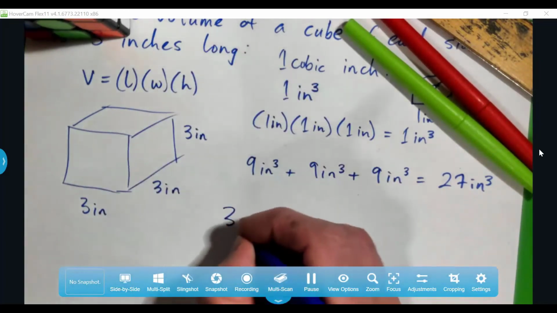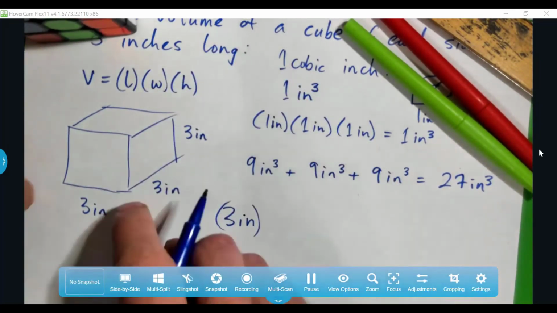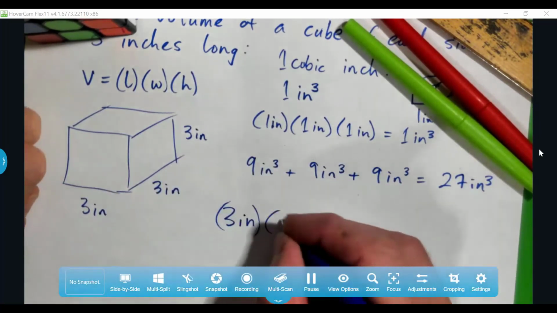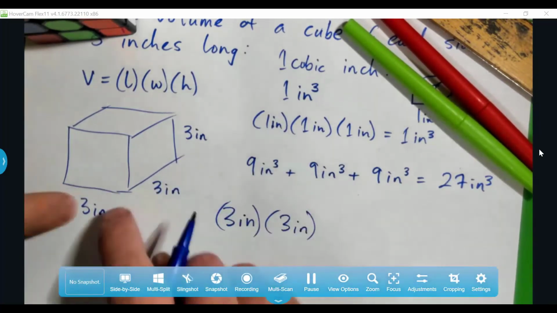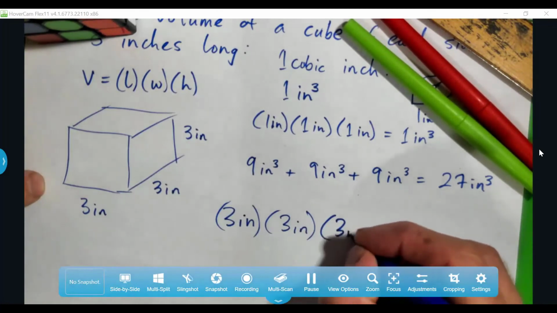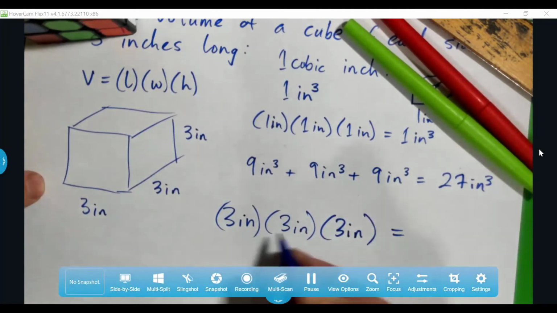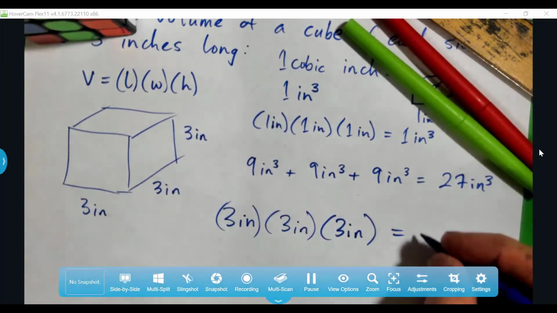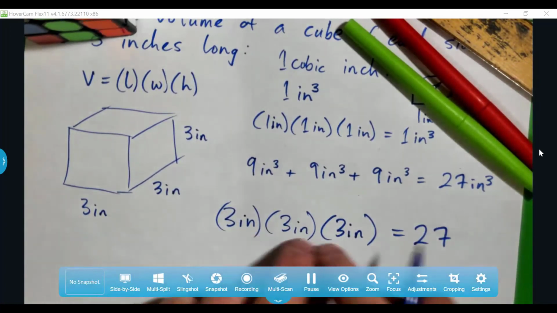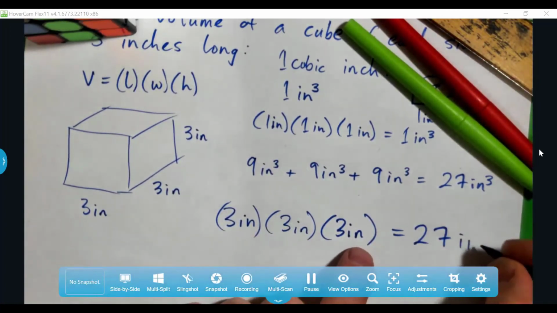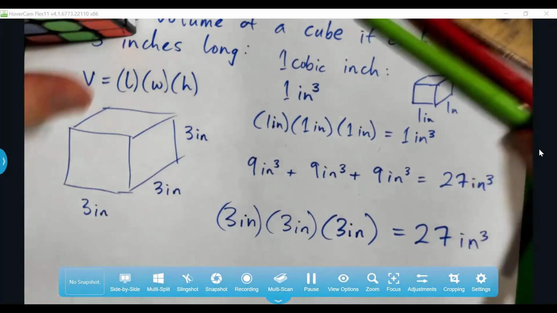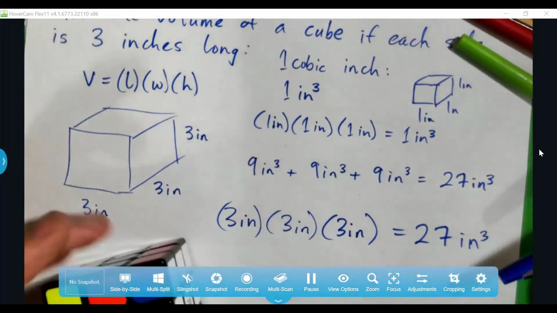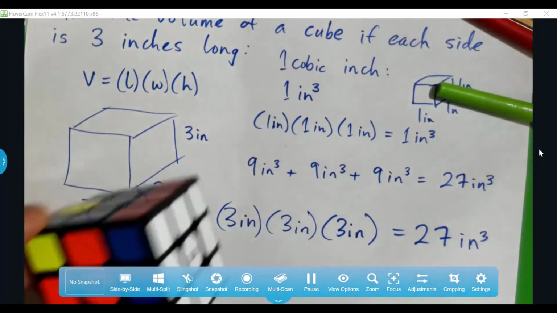So it's 3 inches long, 3 inches wide, and 3 inches high. And if you go 3 times 3 times 3, you get 27. And inch times inch times inch, inches cubed. Make sense? So our volume is 27 cubic inches, and we've done it every way we could possibly do it.